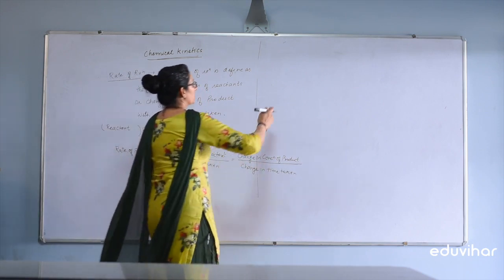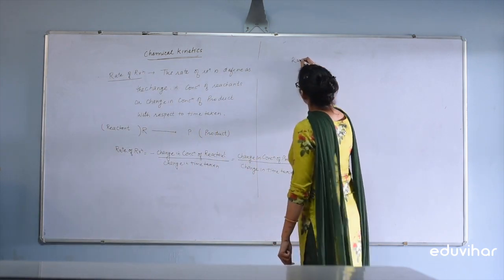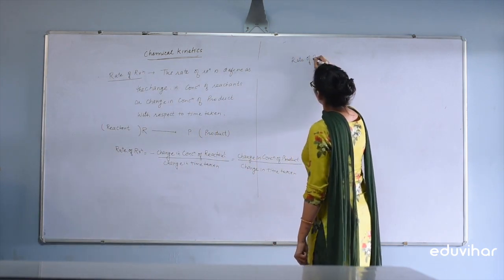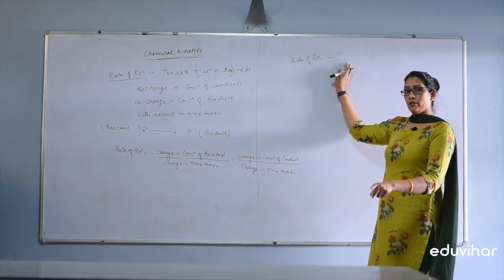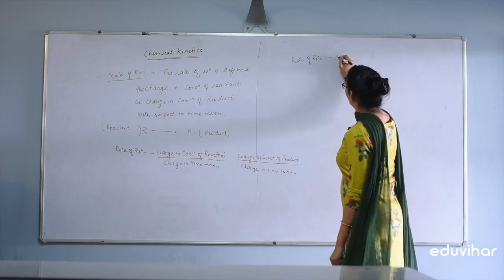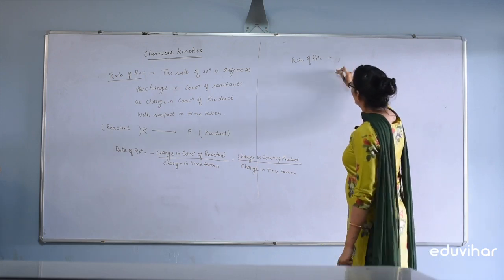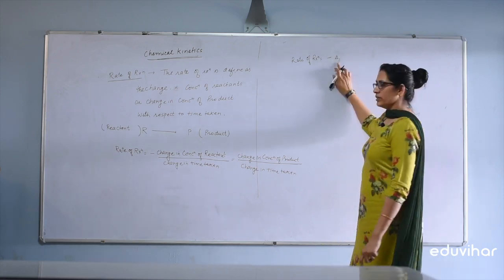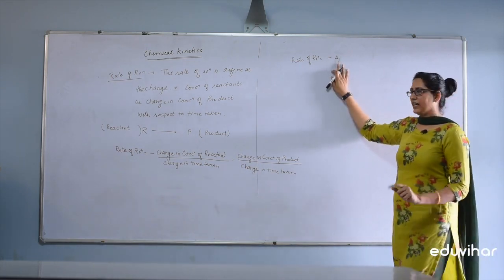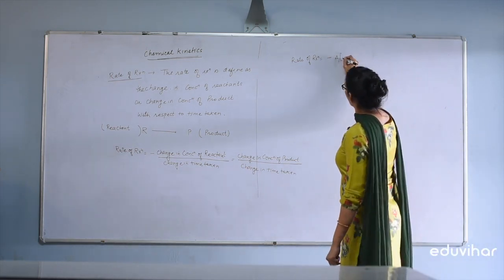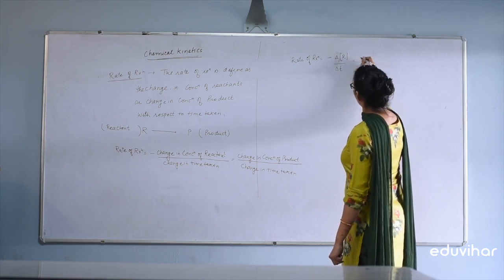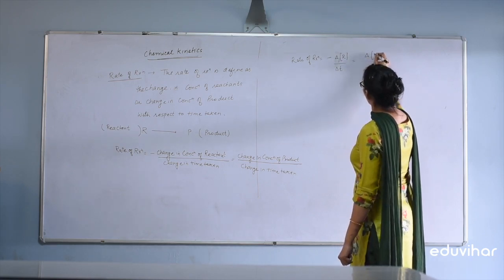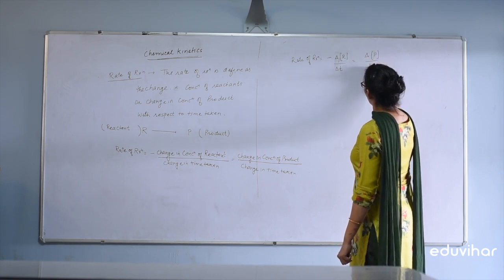We can write this rate of reaction is equal to negative change, which can be represented in terms of delta, change in concentration of R with respect to time. Again, change in concentration of product with respect to time.